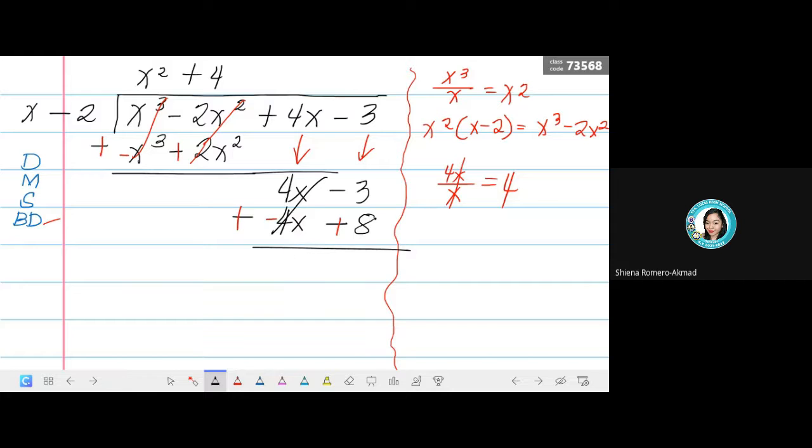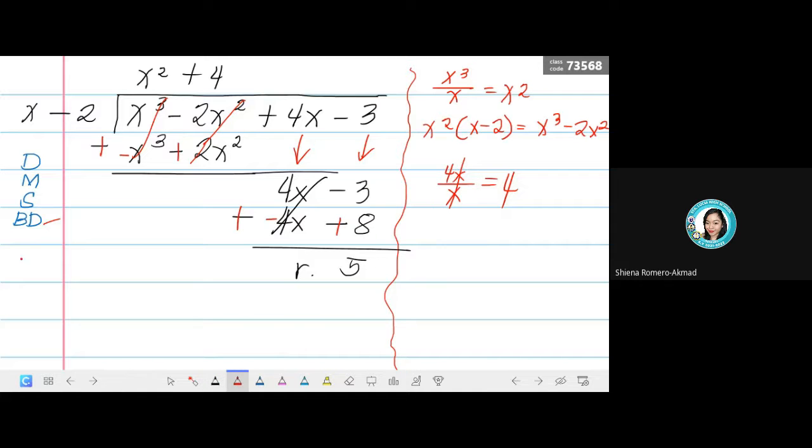Positive 5. So, pwede pa ba natin i-divide si 5 kay x? Ano magiging answer natin kung 5 divided by x? So, of course, that is impossible na. So, ang gagawin natin is to remain that, will be our remainder. Okay? So, the remainder here is 5.